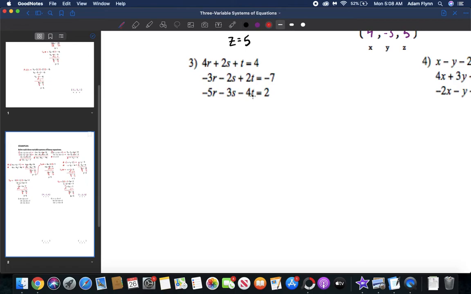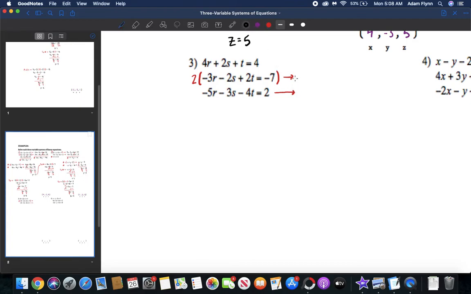So I've got a -4t right here, and I've got a positive 2t. So if I scale this middle equation by 2, I will make this 2t a positive 4t, which will allow me to eliminate my t's.